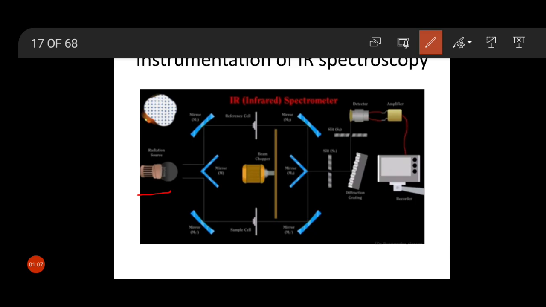Sources may be Nernst glower or globar, or mercury arc, or tungsten filament, or carbon dioxide laser source. So it may be different.